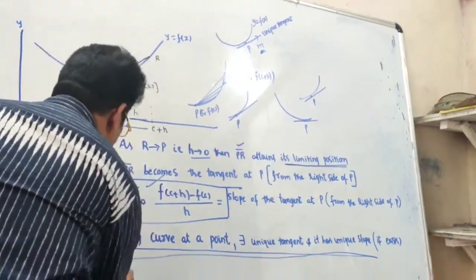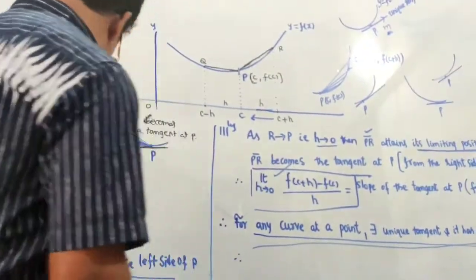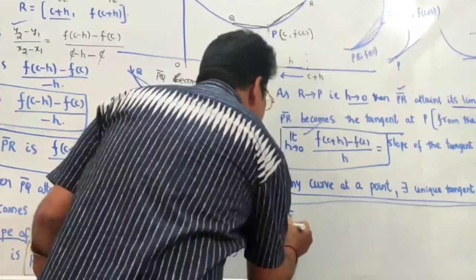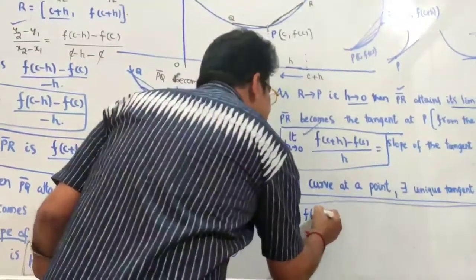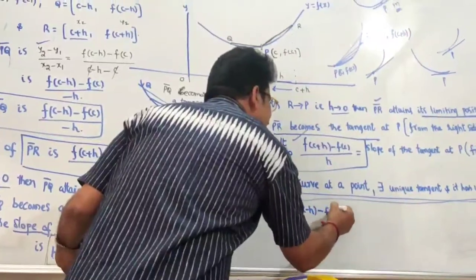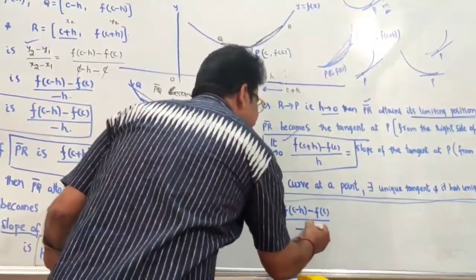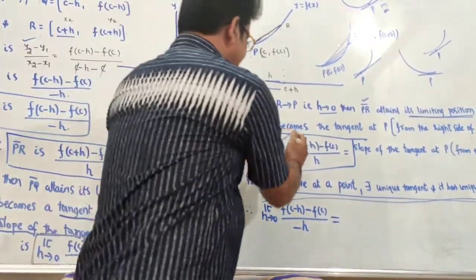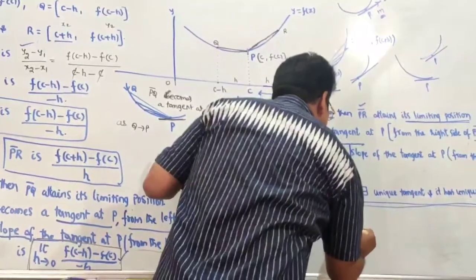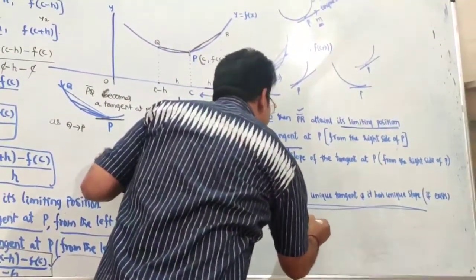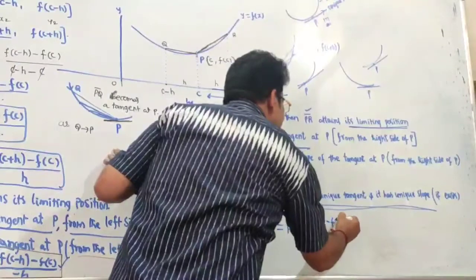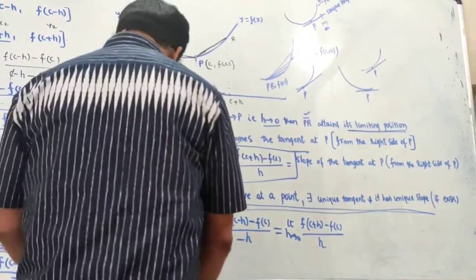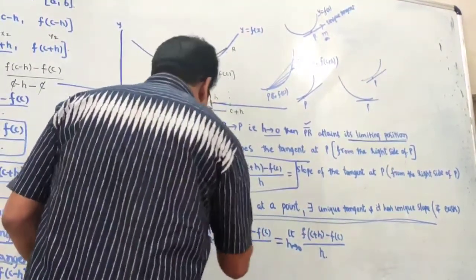So according to this hypothesis, we have this: limit h tends to 0, f of c minus h minus f of c divided by minus h is equal to the second value, limit h tends to 0, f of c plus h minus f of c divided by h. Remember these two values.